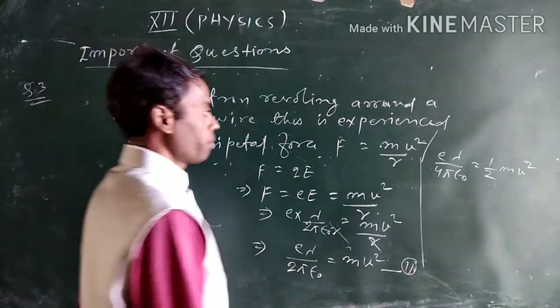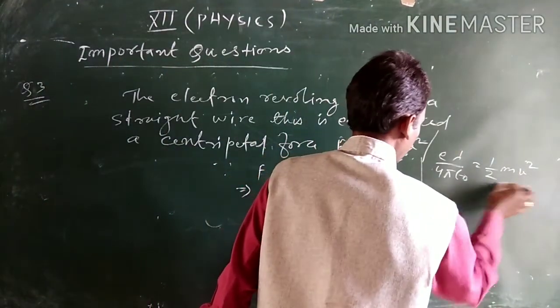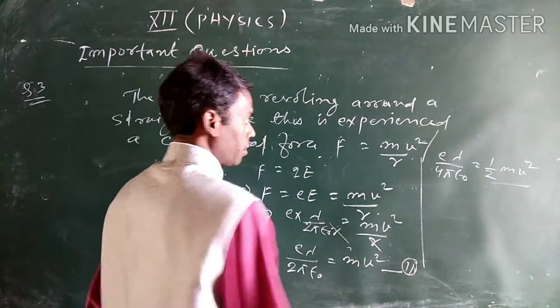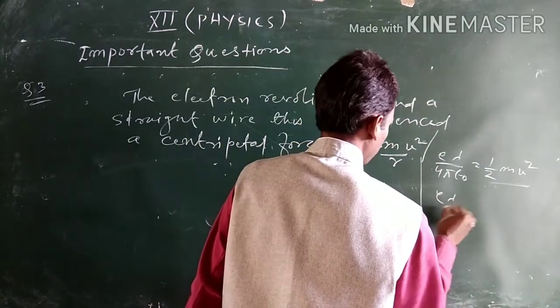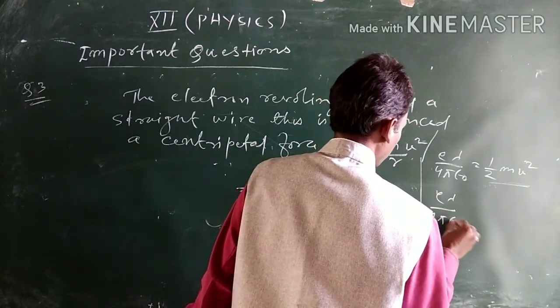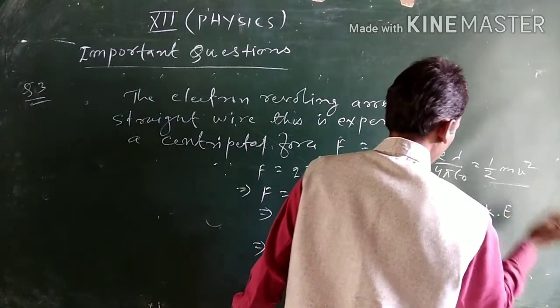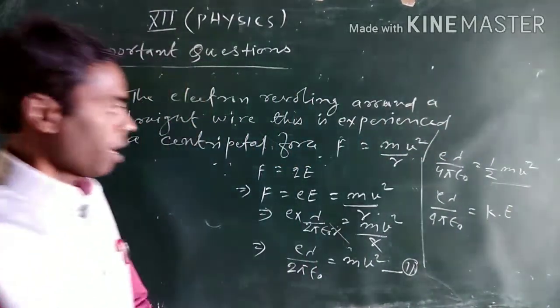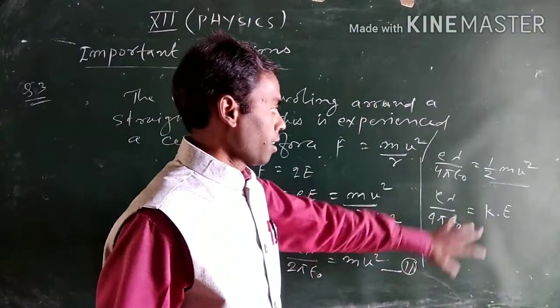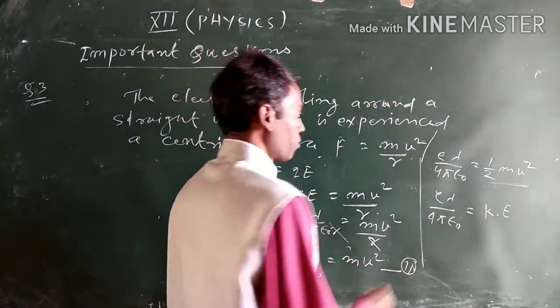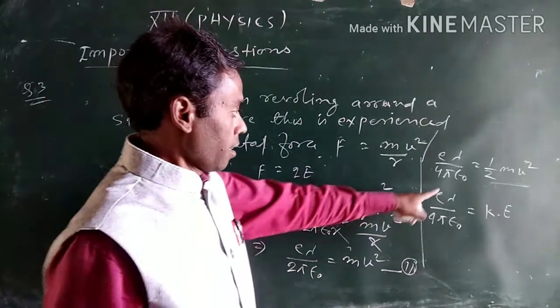This is the kinetic energy. That's why e lambda divided by 4 pi epsilon naught is equal to our kinetic energy. That was what the question asked: find the kinetic energy.